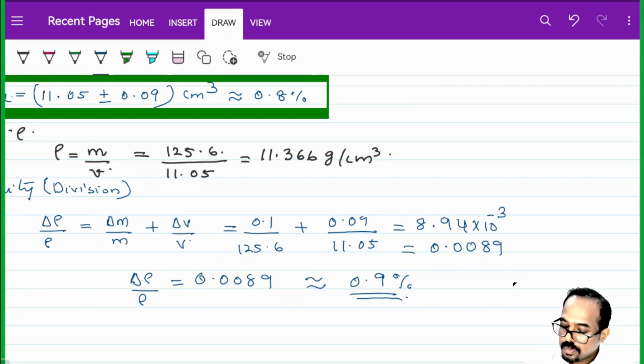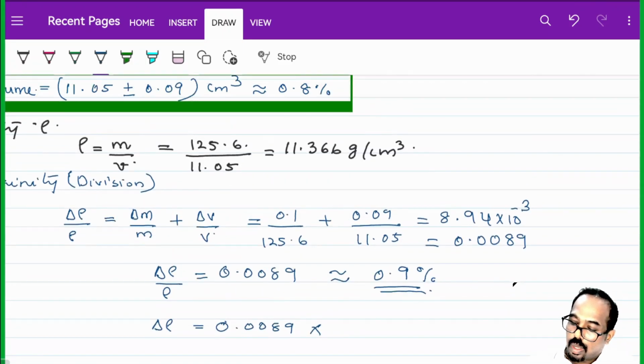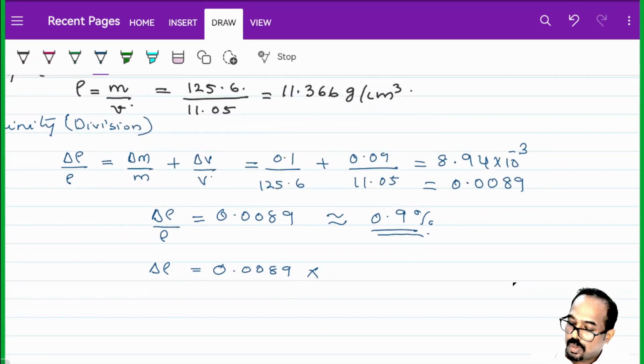Now you need to find out the absolute uncertainty in the density. That is the question. The absolute uncertainty in the density measurement, delta rho, will be 0.0089 multiplied by the density value you have calculated. What was the density value? 11.366.